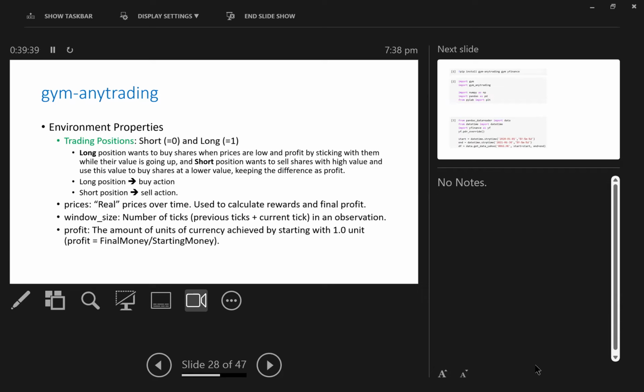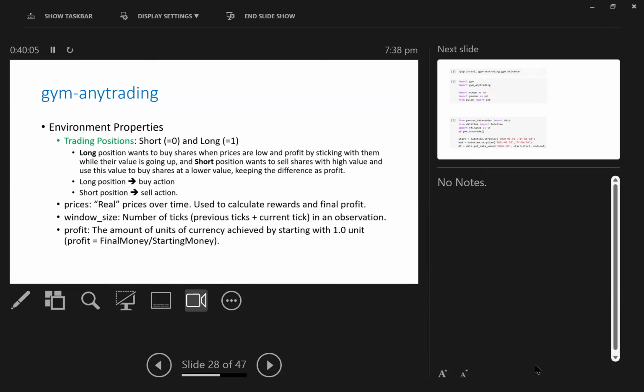So it will maintain the current stock price, or even better, it will give a higher price in the near future. So in other words, at this moment, the decision that you will make is holding the stock longer. So this is the long position.